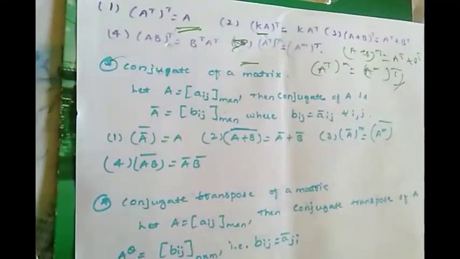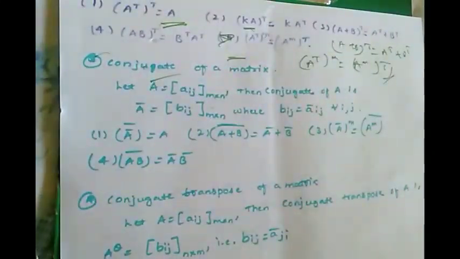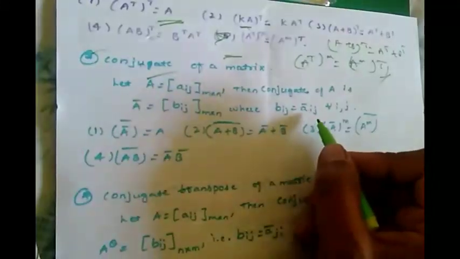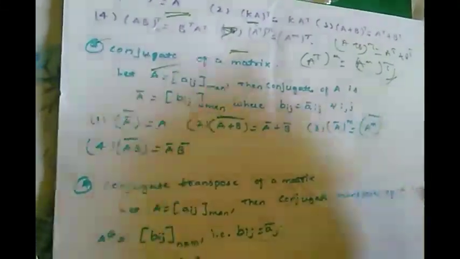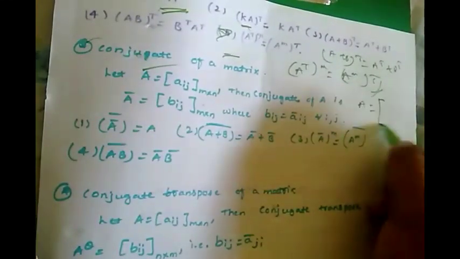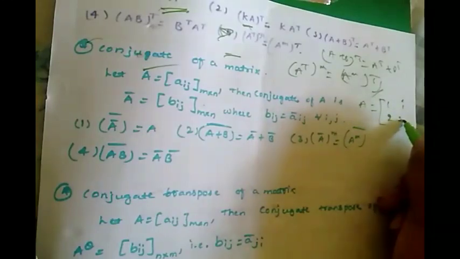Okay, conjugate of a matrix. What does conjugate of a matrix mean? Suppose we consider one example. This is matrix A. Then the conjugate of A, A bar, is equal to Bij m by n, where Bij is equal to A bar ij for all i, j. Suppose I consider one matrix A, that is 1, iota, 2, minus iota.